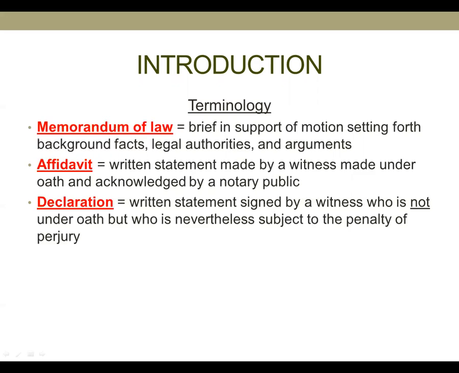However, that witness has not been placed under oath and it is not acknowledged by a notary public. Nevertheless, that statement is made subject to the penalty of perjury. So whereas affidavits are sworn, that is, they're made under oath and acknowledged by a notary public, declarations are not, but the person who signed it is nevertheless subject to the penalty of perjury if it turns out there were misstatements of fact in it.